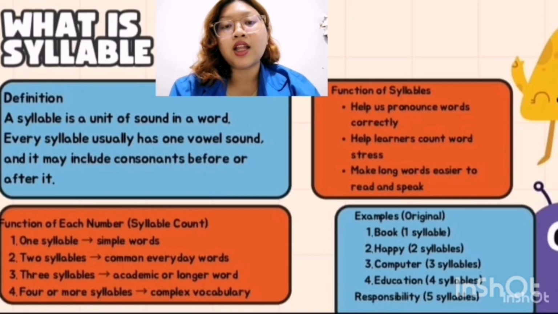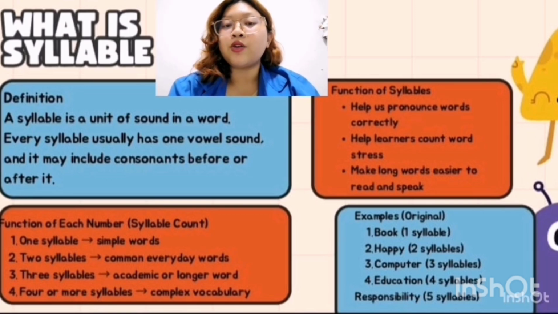The function of syllables is to help us pronounce words correctly, help learners count word stress, and make long words easier to read and speak.